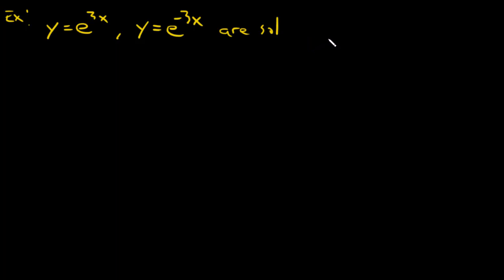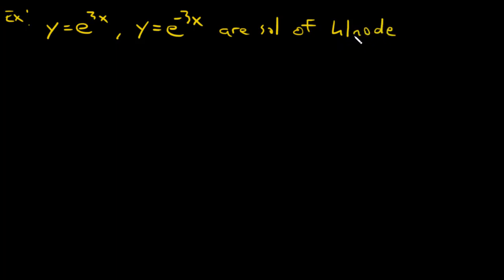Here we go. Let y equal e to the 3x and y equal e to the negative 3x. Okay? And we're going to say these are solutions of the HL node.